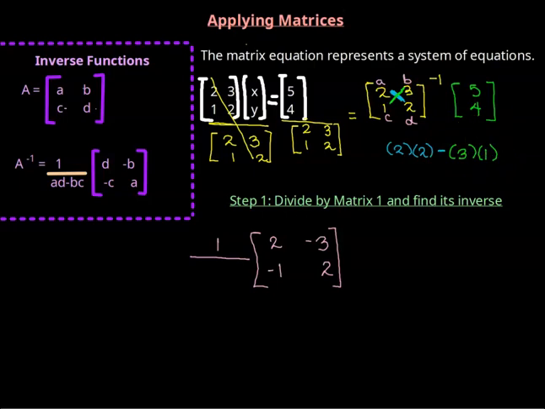And that would give me 4 minus 3, which is just 1. So I have 1 over 1. So what I'm doing here is just finding the matrix inverse. The good thing is 1 over 1 is 1. If I multiply everything here by 1, it still stays the same. So nothing changes here.